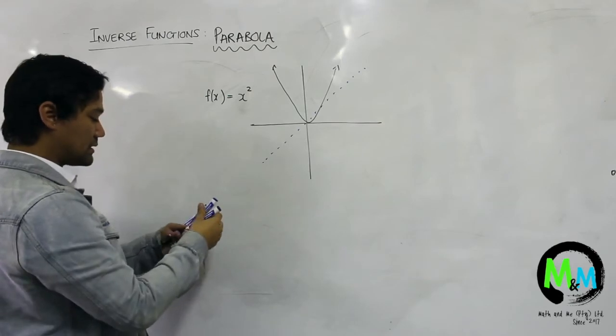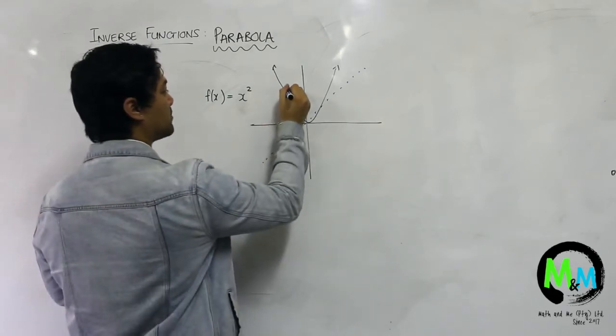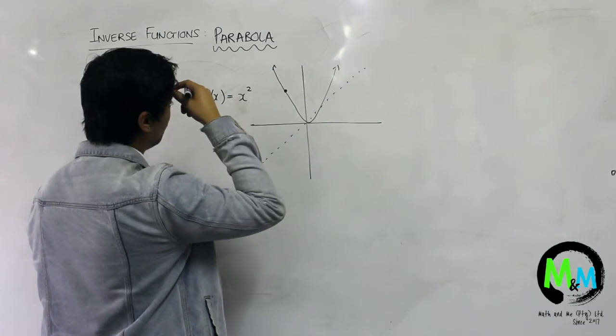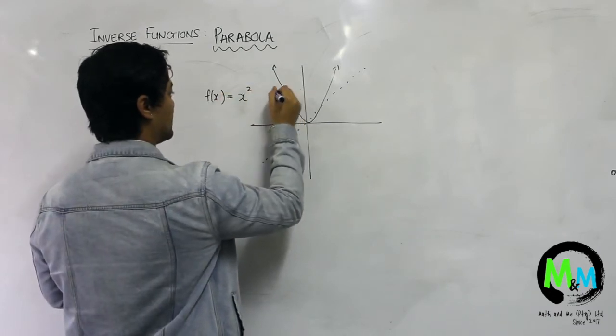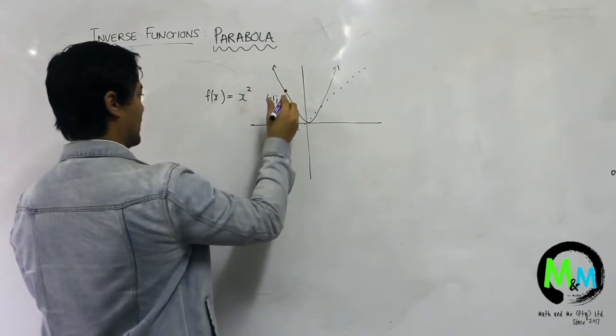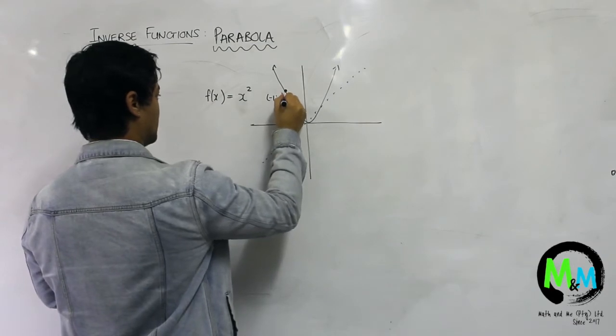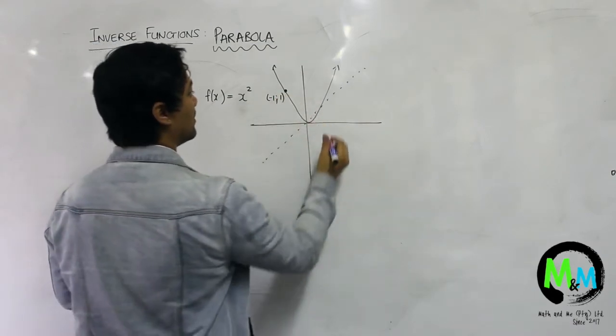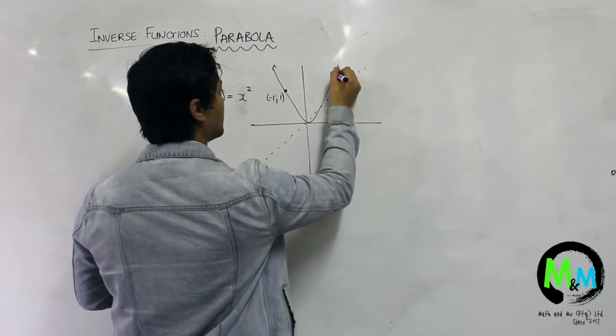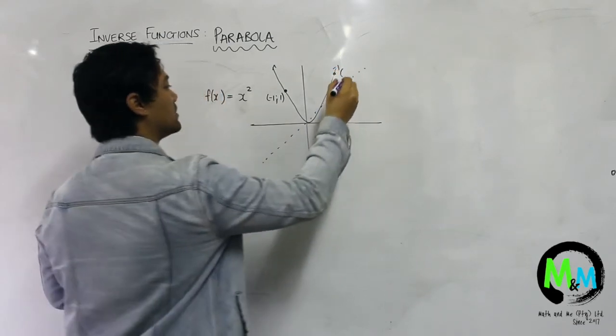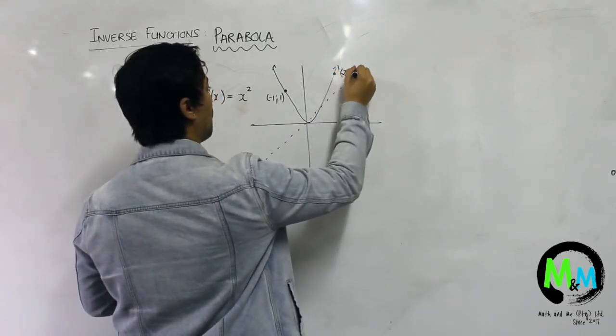Let's say this point was -1 and 1, and this point over here was 2 and 4.